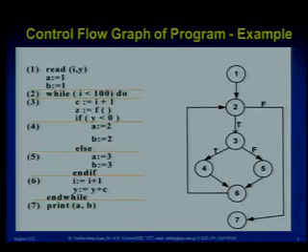This one has 2 outgoing edges, more than one, and this one also has 2 outgoing edges, so both are decision nodes. The first one is not, it has only 1 outgoing edge. This one is also not a decision node because it has only 1 outgoing edge, although it has 2 incoming edges. So in this control flow graph, there are only 2 decision nodes.